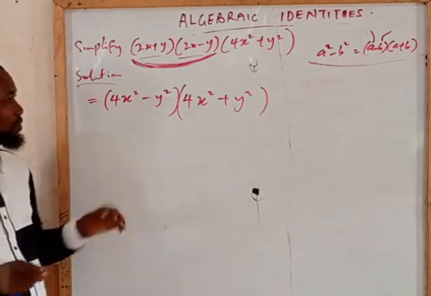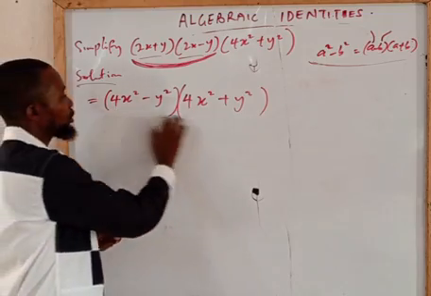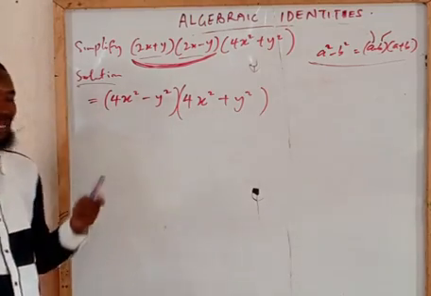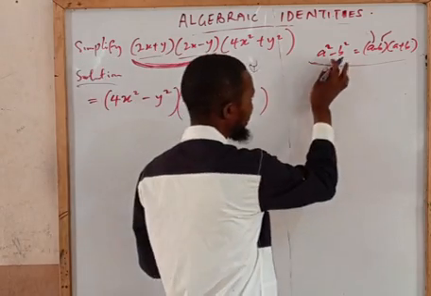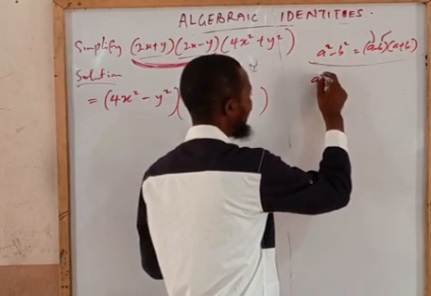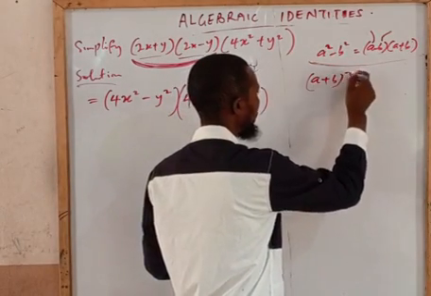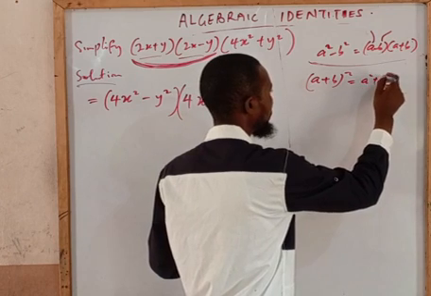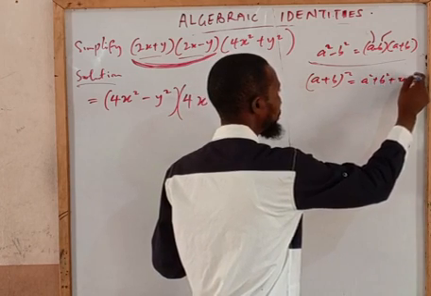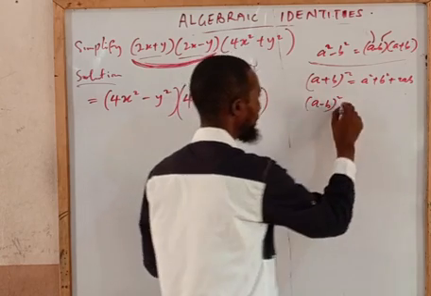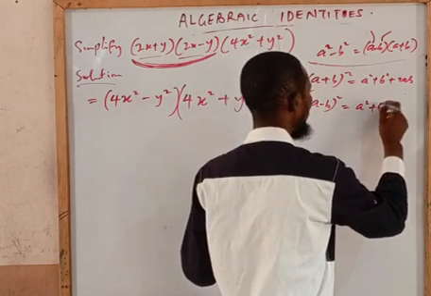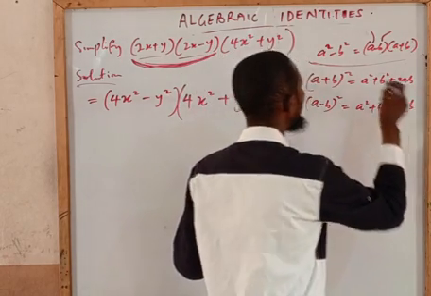Since it has to do with squares, let's look at the structure we have here. Which of the three identities does it resemble? Remember the first identity, okay, let me say this is the third identity. There's an identity which says that a plus b squared is equal to a squared plus b squared plus 2ab. There is another identity which states that a minus b squared is equal to a squared plus b squared minus 2ab.